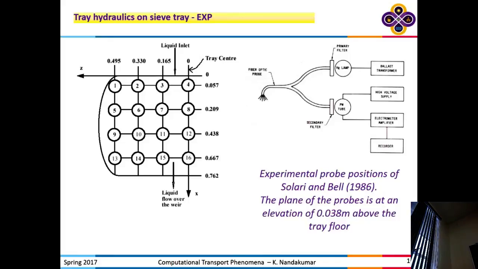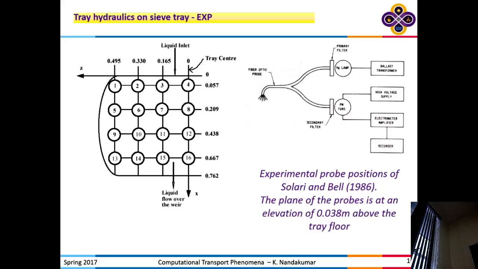So there was a paper that was published by Solari and Bell in 1986, and this is important for us to understand because it tells you about what kind of measurements we need to make. This is the grid that they used on a distillation column with just air-water flow. They have water flowing down and air bubbling through that. And they built a device with a fiber optic probe.